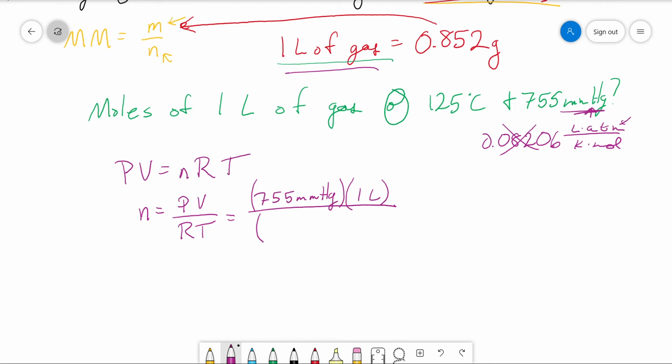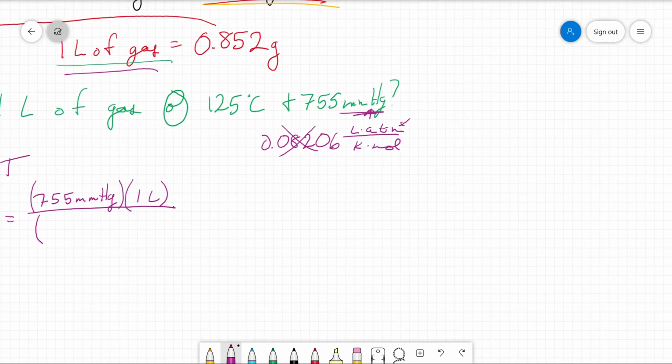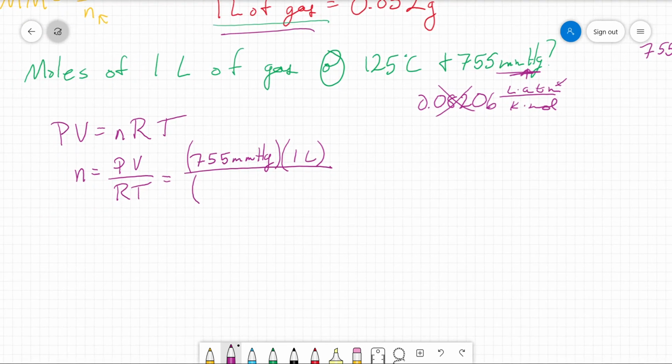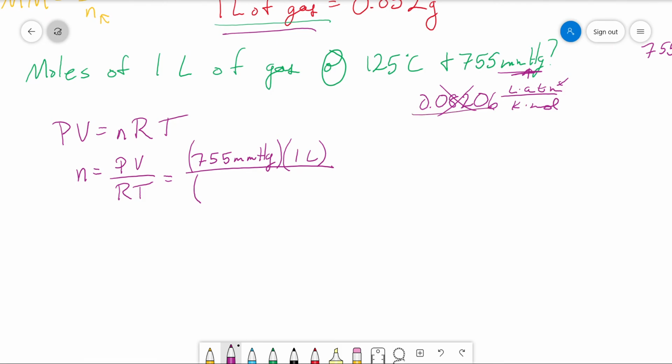You can convert 755 millimeters of mercury into atmospheres: 755 millimeters of mercury times 1 atm over 760 millimeters of mercury. Then you plug that in for your pressure and use this value of R.